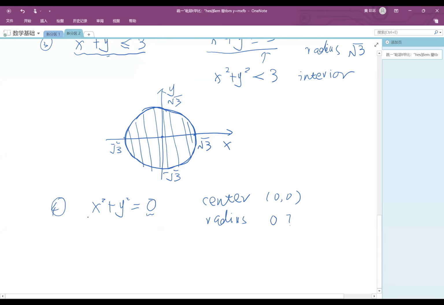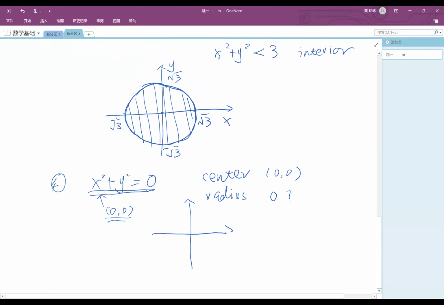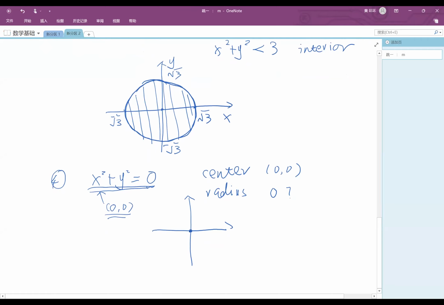So for this equation, only the point 0, 0 satisfies this equation. If we draw this equation, it means this point. So this is the graph of this equation.